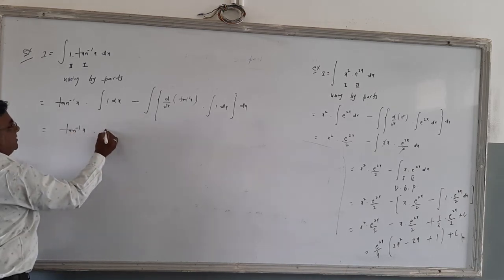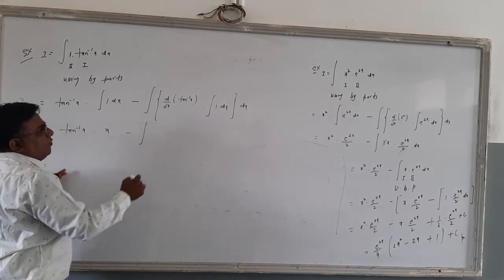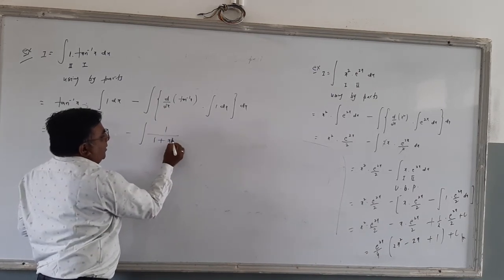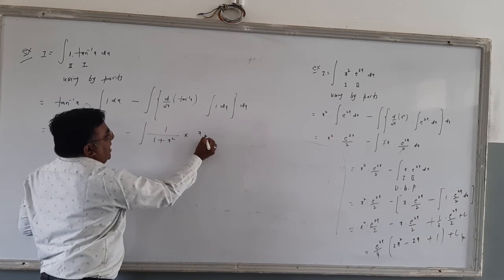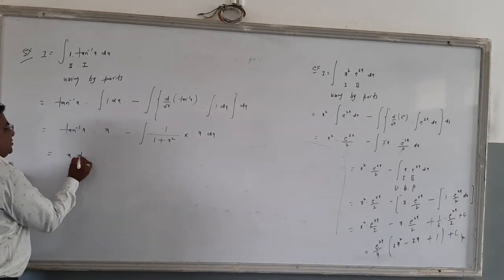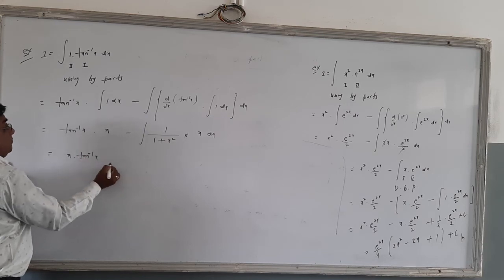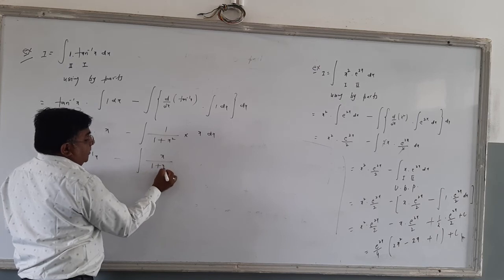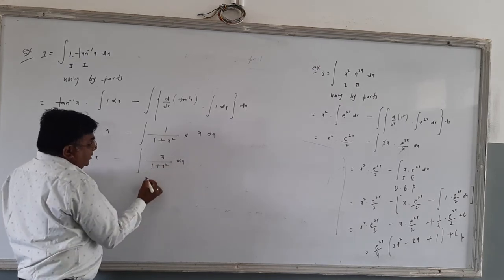Integration of 1 is x, minus integration, what is the differentiation of tan inverse x? That is 1 upon 1 plus x square, into integration of 1 which is x. So first term is as it is, x into tan inverse x. Now minus x upon 1 plus x square. This is division form, then integration is possible.